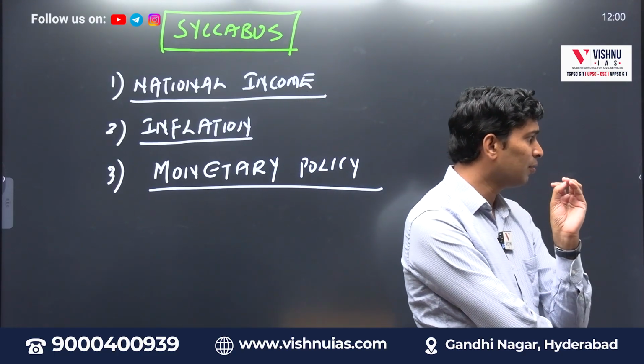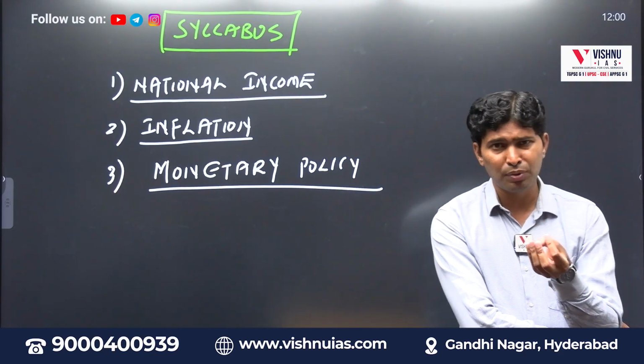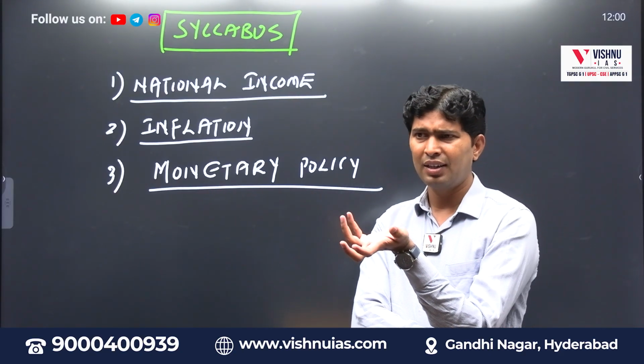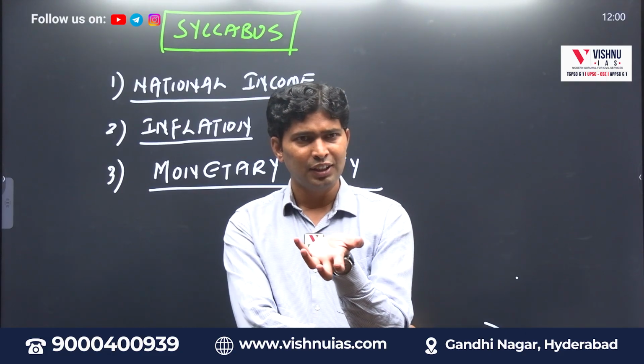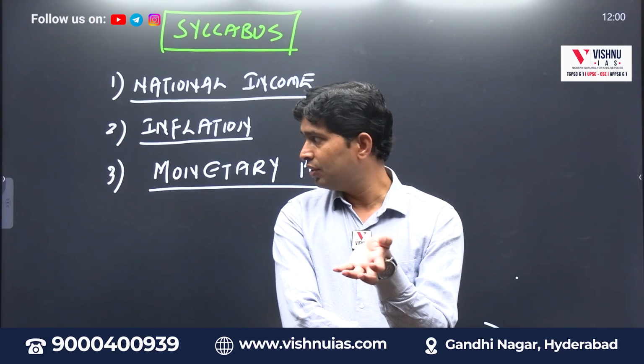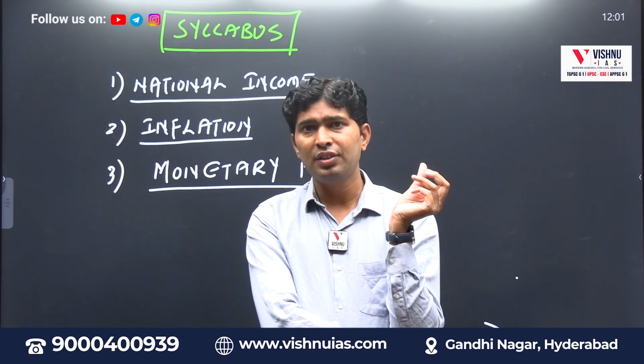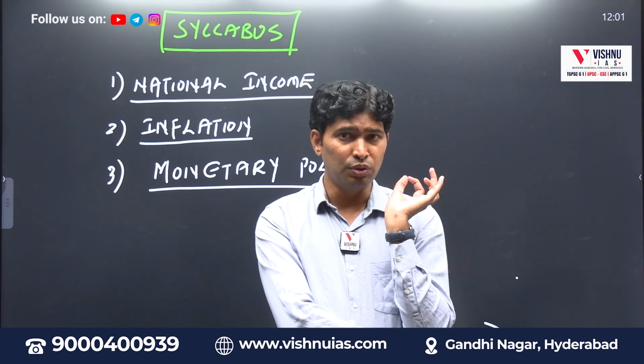Whenever we talk about quantitative and qualitative tools: repo rate, reverse repo rate, CRR, SLR, MSF, SDF. Money supply should be increased, money supply should be decreased. All this we are going to understand. So that is called monetary policy tools.